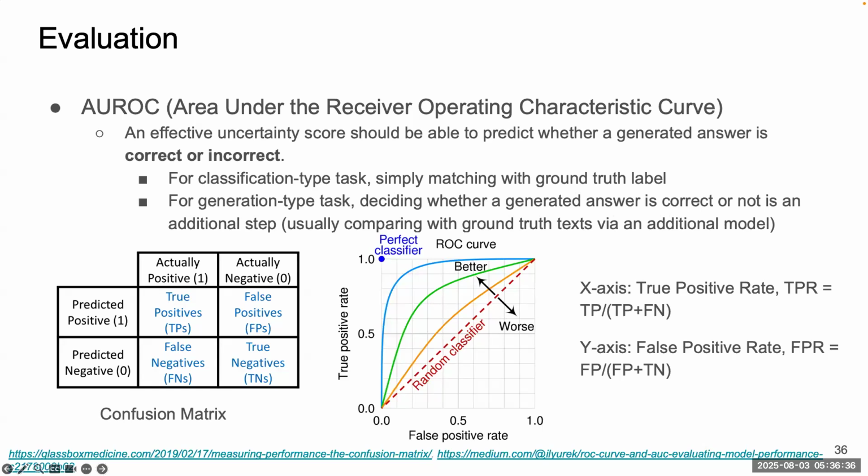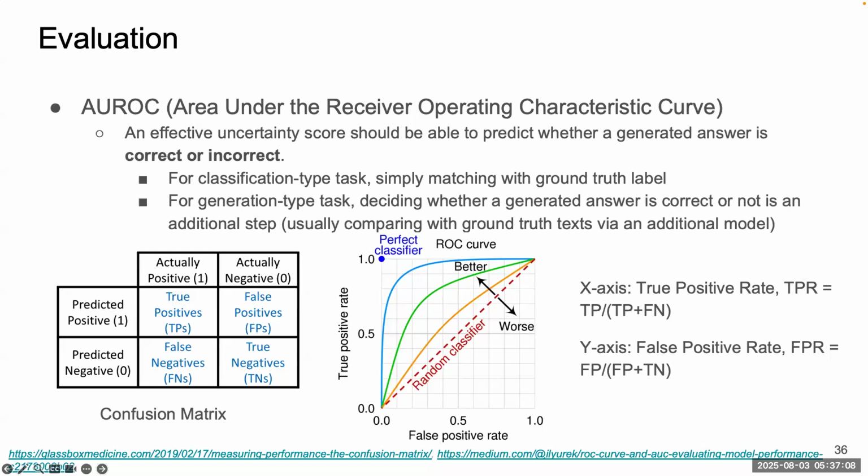So the x-axis is going to be the false positive rate, and the y-axis is going to be the true positive rate. Ideally, we would want a high true positive rate with a low false positive rate, meaning we are not incorrectly flagging too many things. A perfect classifier would be at the top left corner, and the closer the blue line gets to it the better.